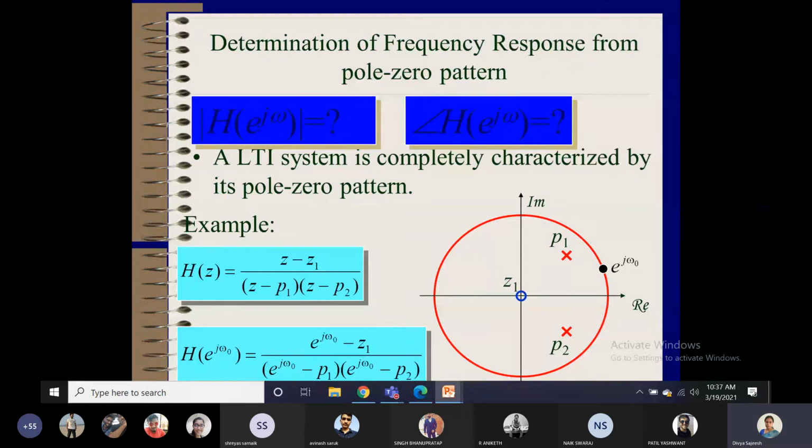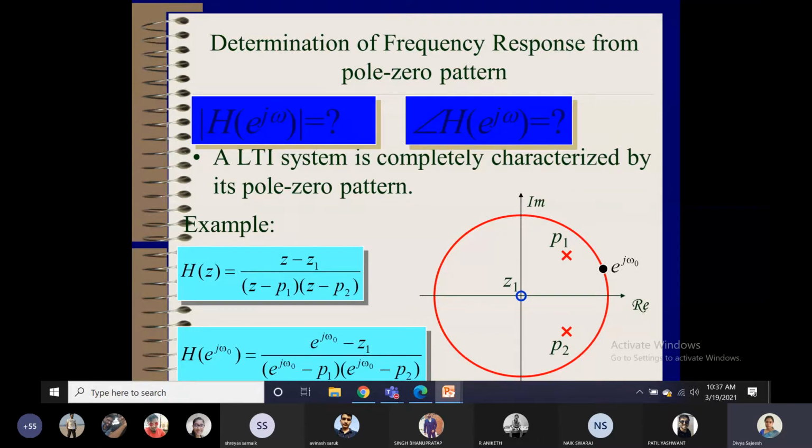Now you can obtain the magnitude and the phase from the pole zero pattern also. Just now we have seen how to obtain the magnitude and the phase: magnitude is the square root of real part squared plus imaginary part squared, and the phase is tan inverse of imaginary by real. Now from the pole zero pattern of the system we can also obtain the frequency magnitude response and the phase response.